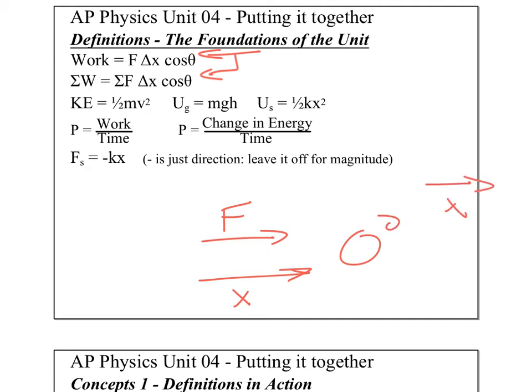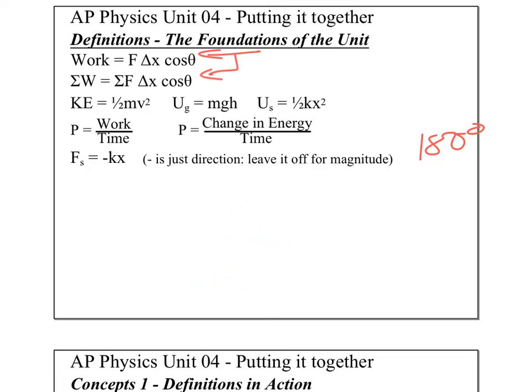And if my object is moving to the right, but my force is to the left, that is 180 degrees. Biggest example where we'll have 180 degrees is if we're talking about friction. Remember, the force of friction is always applied in the opposite direction of motion. So friction a lot of times will be 180 for that angle.